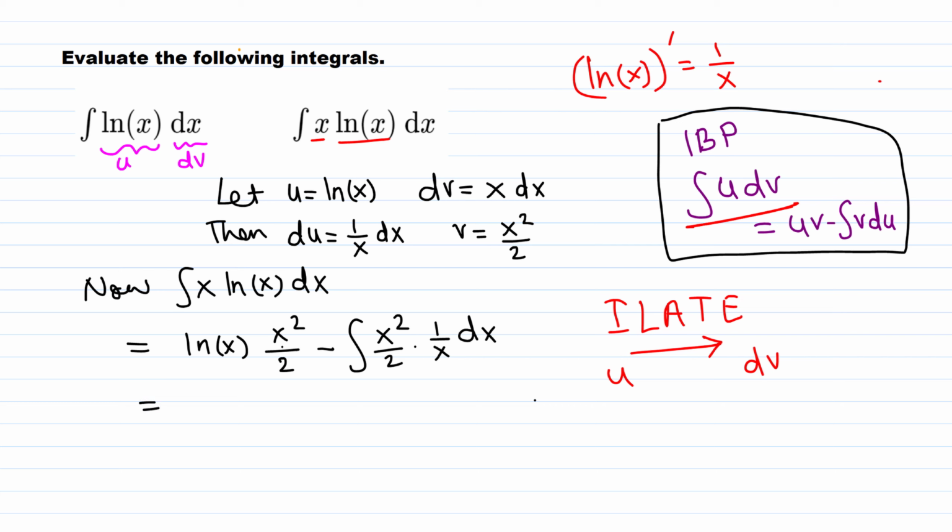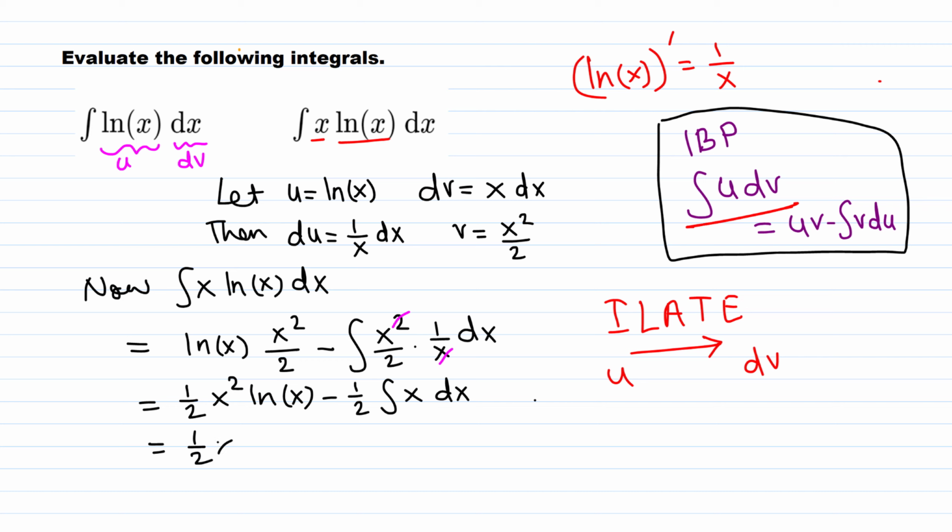Okay, this part is done. So this is 1/2 x squared natural log of x minus, here one x cancels, and that leaves 1/2 x. The 1/2 we can pull to the front, leaving the integral of x dx, which we can integrate easily.